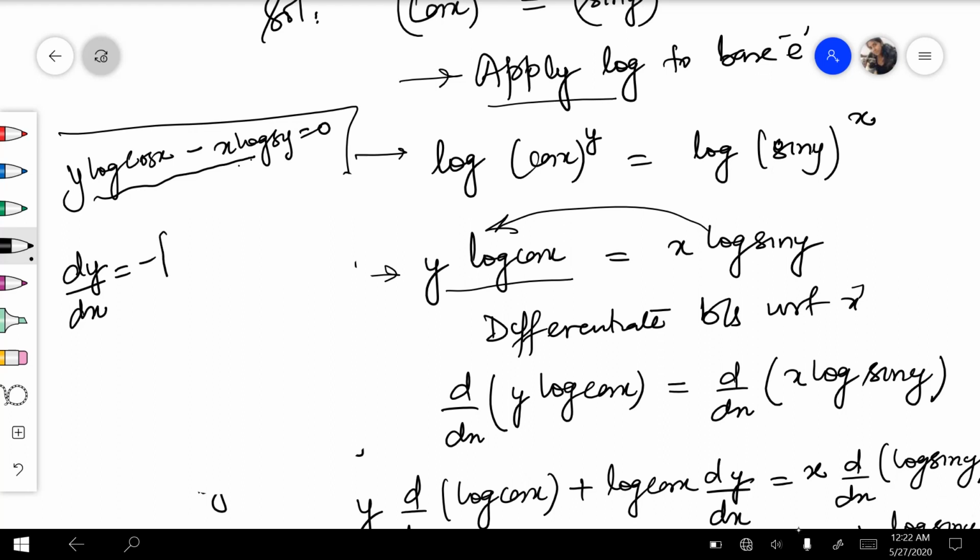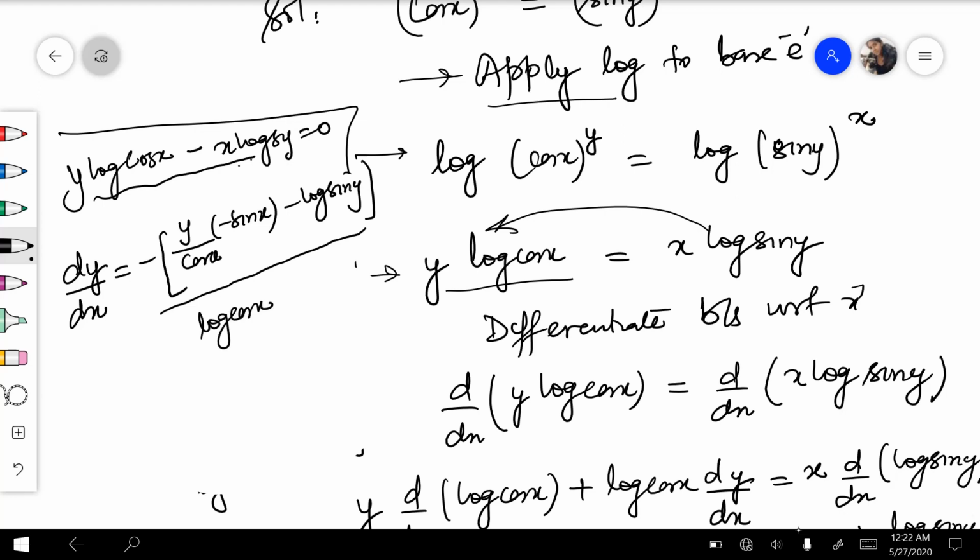Minus times differentiation of the function with respect to x, treating y as constant, to cos x log cos x differentiation 1 by cos x into derivative of cos x minus sin x, then minus log of sin y divided by differentiation of the same with respect to y, treating x constant, so it is log of cos x minus x upon sin y and sin y ka differentiation cos y.